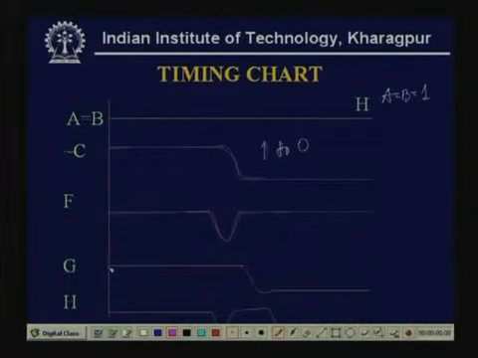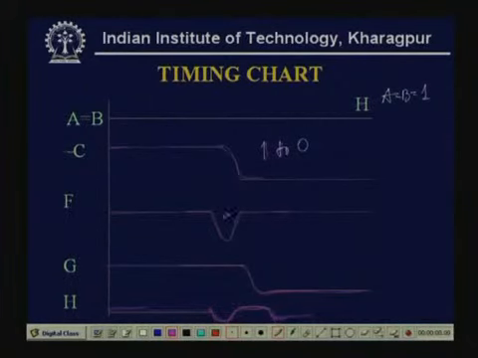See that G value, during this transition again it will be some delay, and H again, where the F was there, that time some glitch will be. That means for this particular circuit with the static hazard, we are also getting some more hazards.